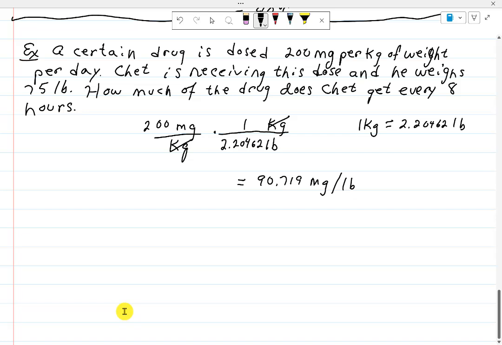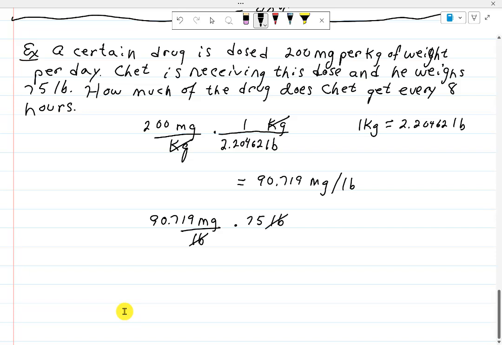In order to get the total amount of milligrams, I'm going to have to multiply by 75 pounds. Remember, this is per day. So we're going to take our 90.719 milligrams per pound, and I'll multiply by 75 pounds.